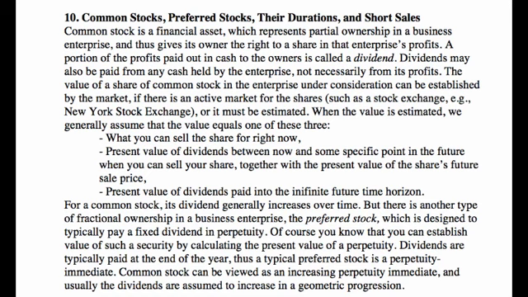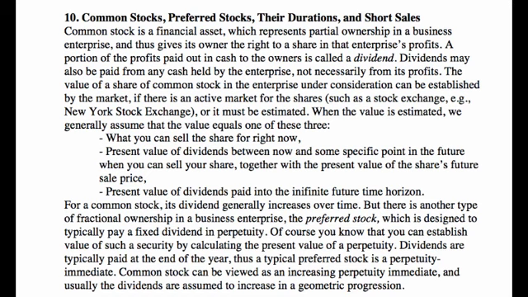Now for common stocks, if the company is growing, then the profits are growing and generally dividends increase over time. There is another type of fractional ownership of a business enterprise, the preferred stocks, which is designed to typically pay a fixed dividend in perpetuity.